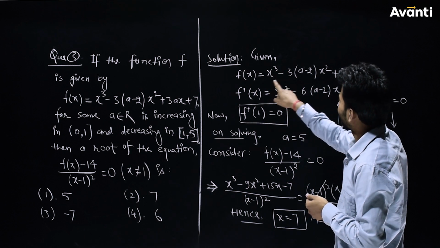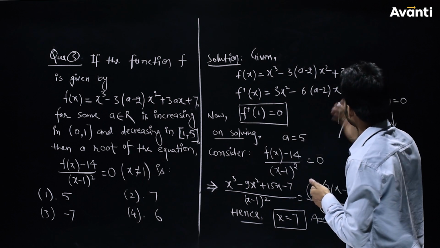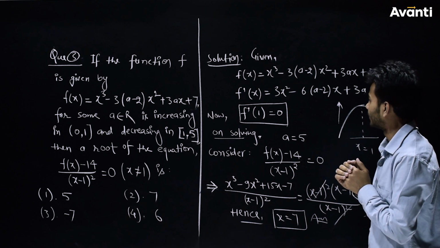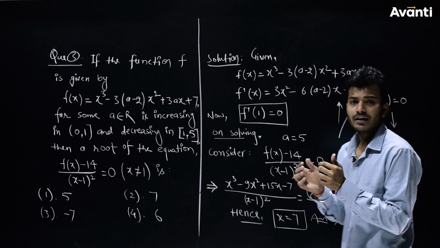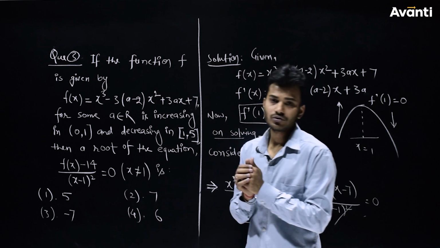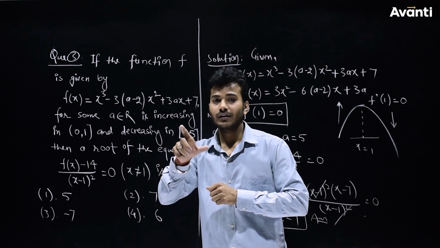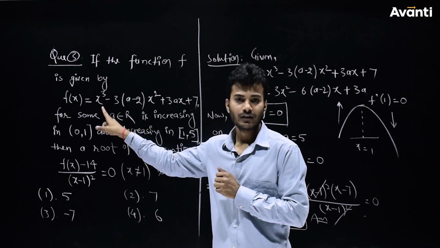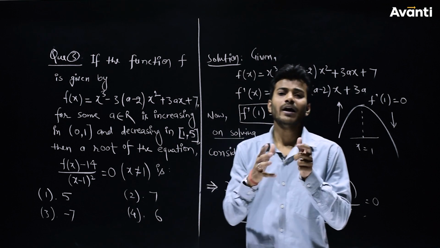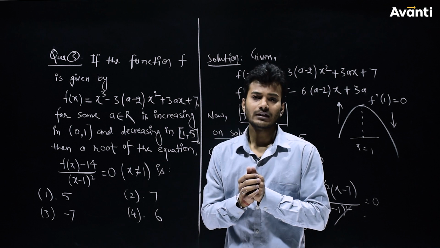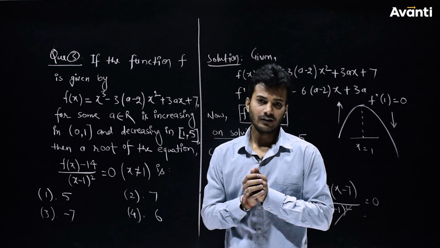We have given f(x) = x³ − (3a − 2)x² + 3ax + 7. What we have to use is that this f(x) is a polynomial. You can see this is a cubic polynomial, and we should admire this fact that a polynomial is always continuous as well as differentiable.